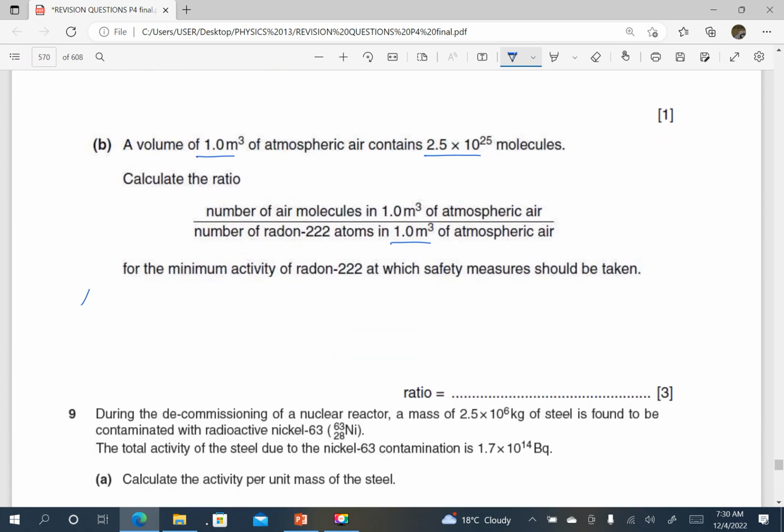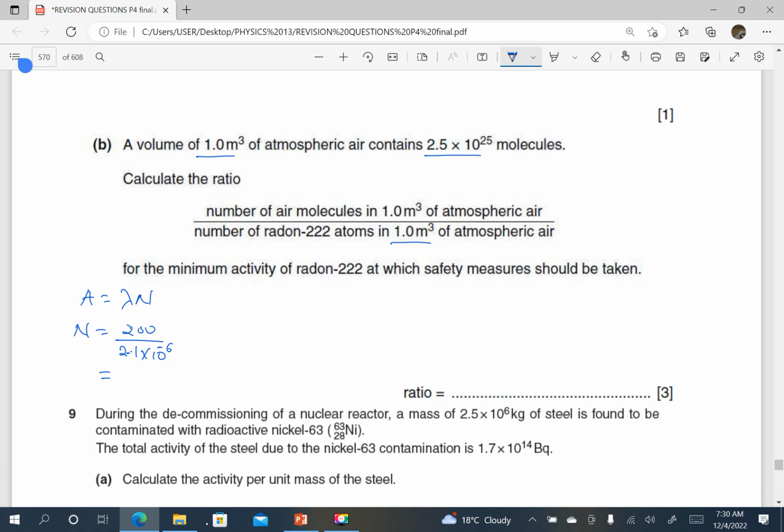So we know that activity is equal to lambda times N. So the number of nuclei is going to be the activity, which is 200, divided by the decay constant, which we have seen as 2.1 times 10 power negative 6.